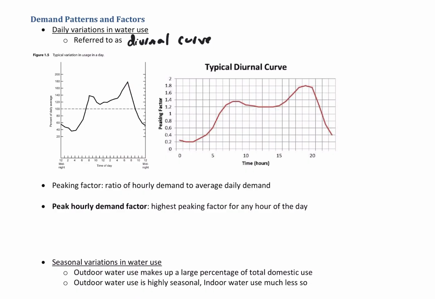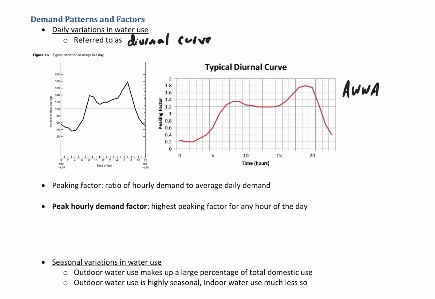The one on the right that says typical diurnal curve, this is actually from the American Water Works Association, AWWA. And the AWWA diurnal curve is sort of the generic industry standard for what the pattern of water use during the day looks like in a typical modern developed world system.